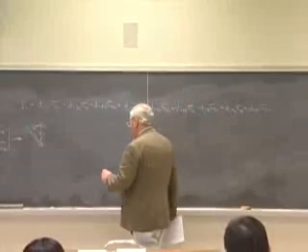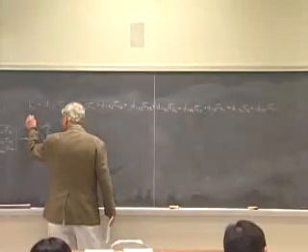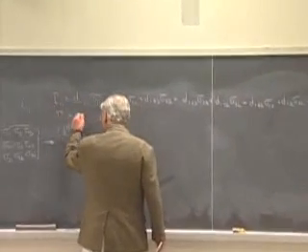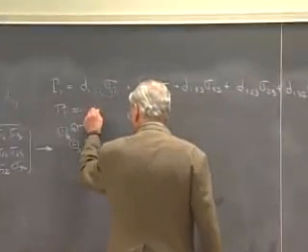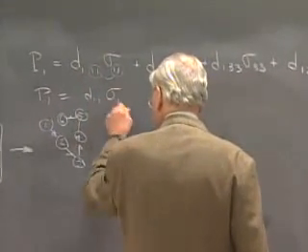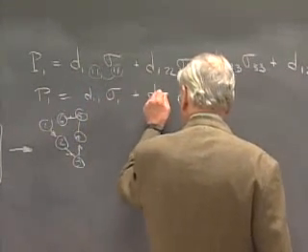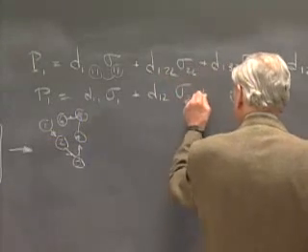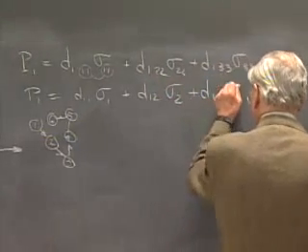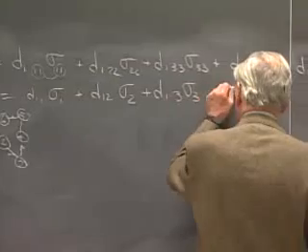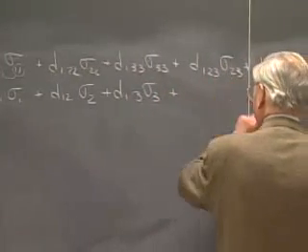So if we now condense this down to matrix form, we would say that P1 is D11 times sigma 1 plus D12 times sigma 2 plus D13 times sigma 3 plus, and now we have this messy problem with the 2's.